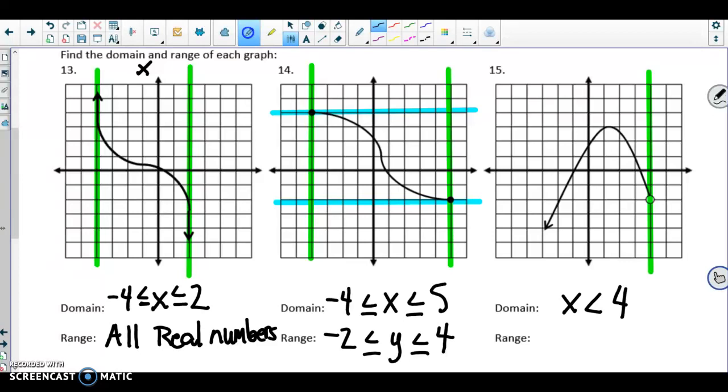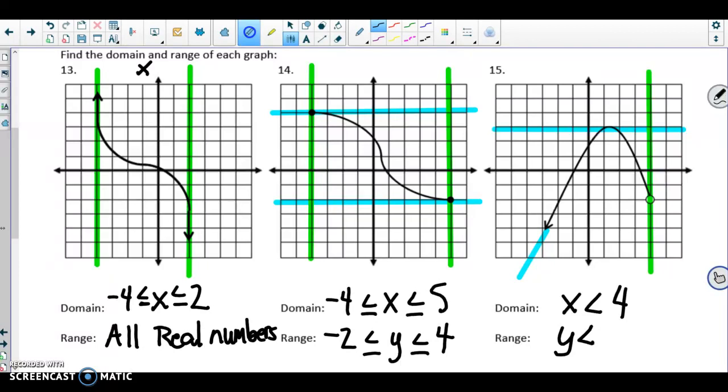As far as the range is concerned, I do have one boundary, and it's going to be up here at the top because it never gets any larger than the positive 3 there. Everything else stays down below. And so that's where my boundary is. And then it keeps going on forever in this direction. So as a result, we have y, and it's getting smaller by going downward.